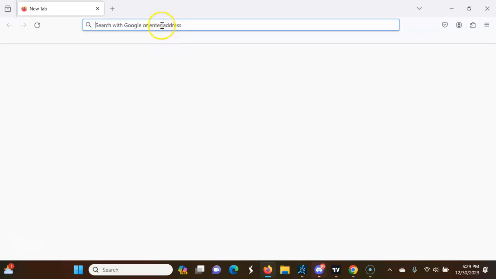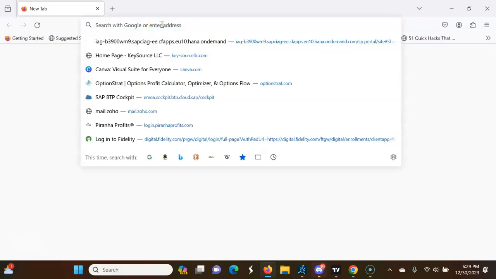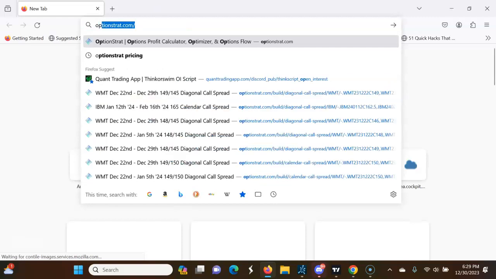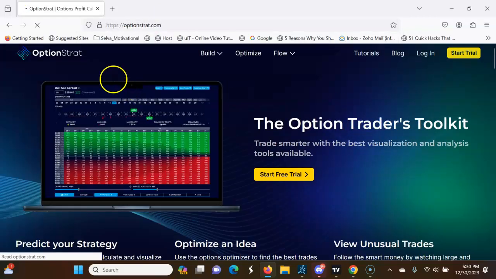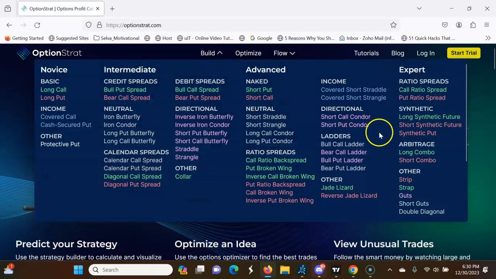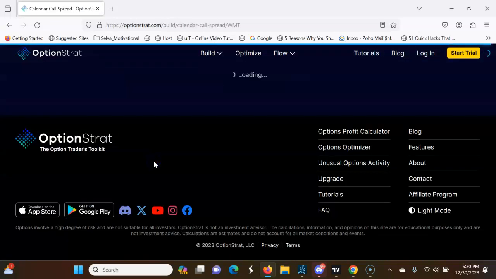Okay, with options. Okay, let's look at option stat. Okay, option stat. Okay, let's look at call credit spread.